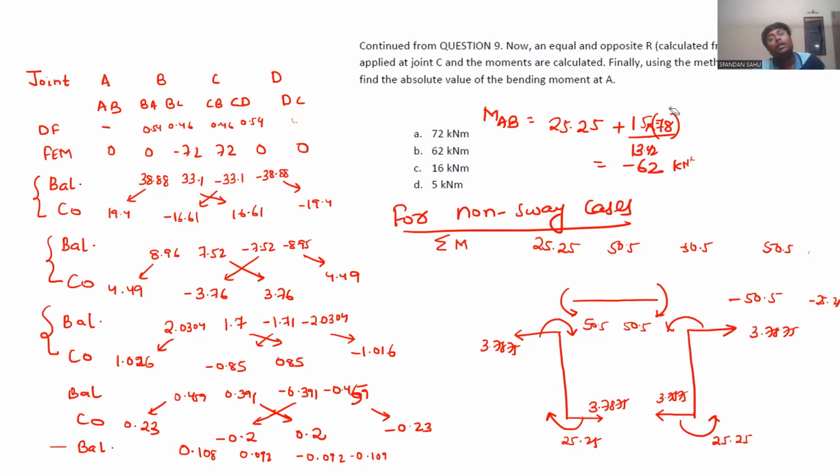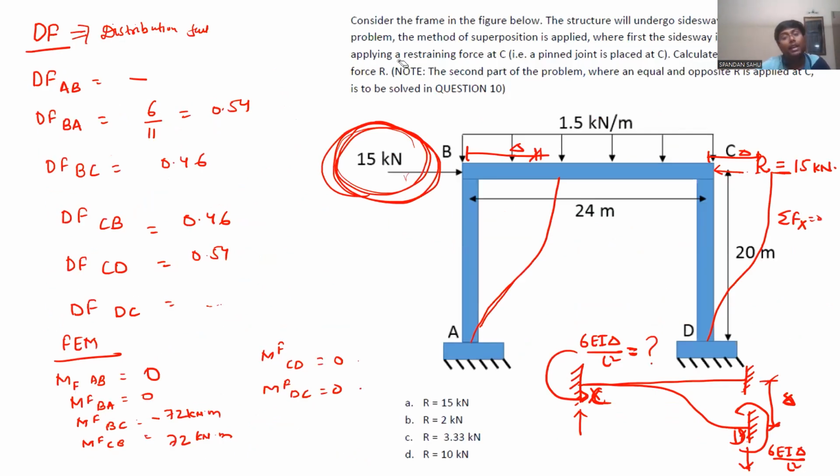But you don't know how much displacement is happening, that is, this delta value you don't know. That is the reason you cannot say this much of that 6 delta by L square. It is a quantity you don't know. So you assume any arbitrary number and take proper sign convention, that is clockwise positive, else negative.